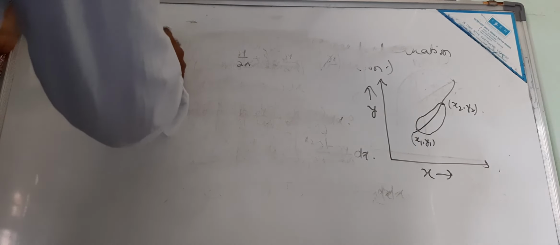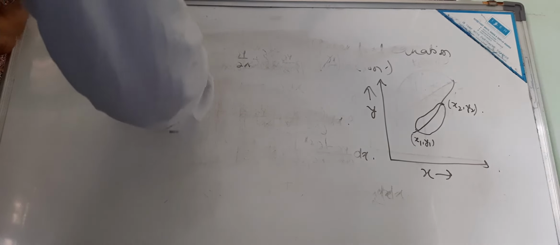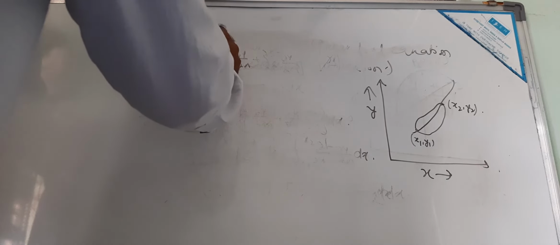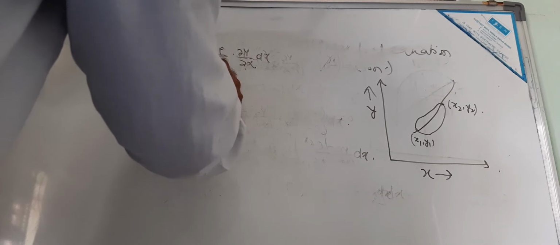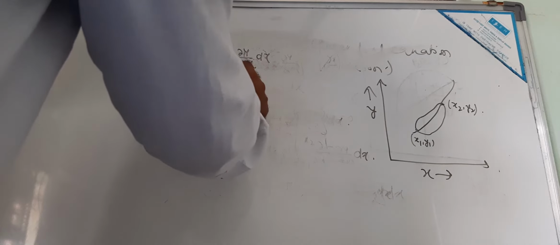So by integrating by parts, this ∂f/∂y dot ∂²y/∂x ∂alpha dx, we'll be getting ∂I/∂alpha, which is equal to integration x1 to x2 of ∂f/∂y into ∂y/∂alpha into dx, plus ∂f/∂y dot into ∂y/∂alpha from x1 to x2, minus integration x1 to x2 of d/dx of ∂f/∂y dot into ∂y/∂alpha into dx.